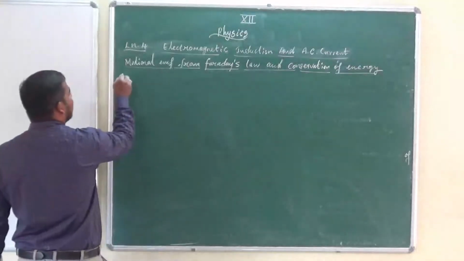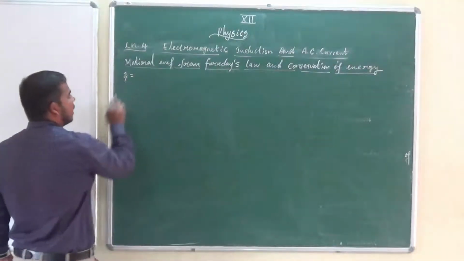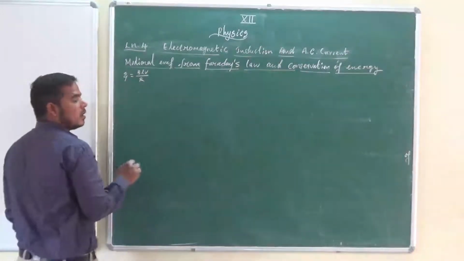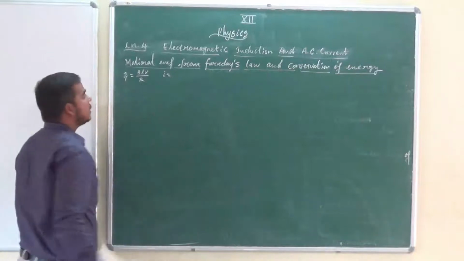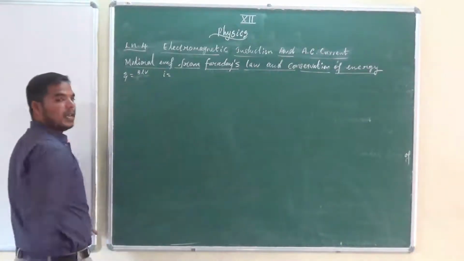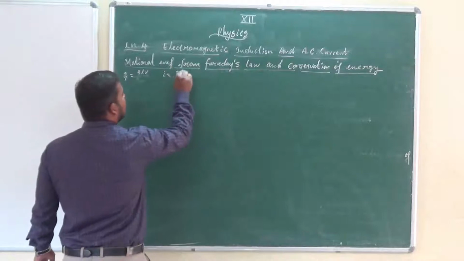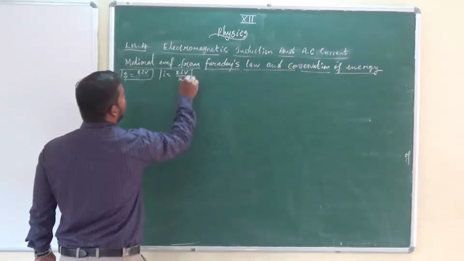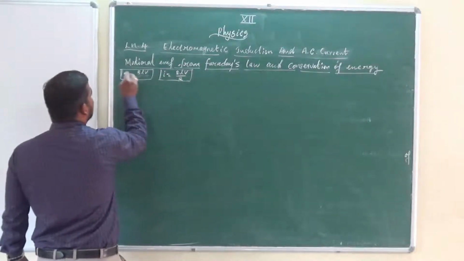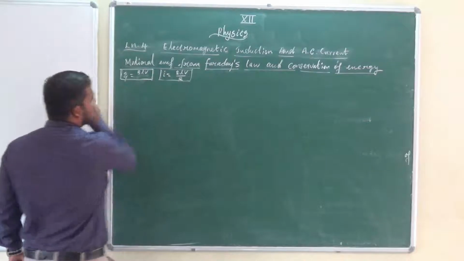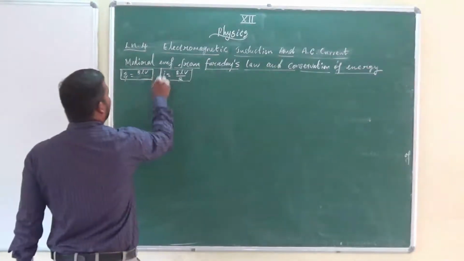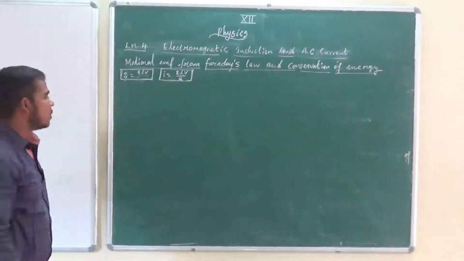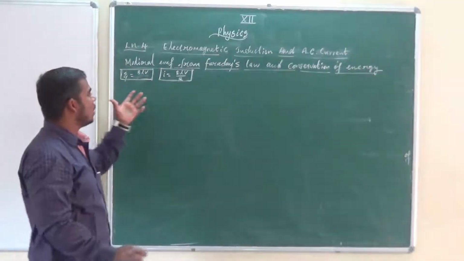What is the motional EMF? Psi, BLV. What is the induced current? I is equal to BLV by R. I have written a box with the 2 equations. These equations are a must to prove the conservation of energy. The motional EMF is from which law? Faraday's law.